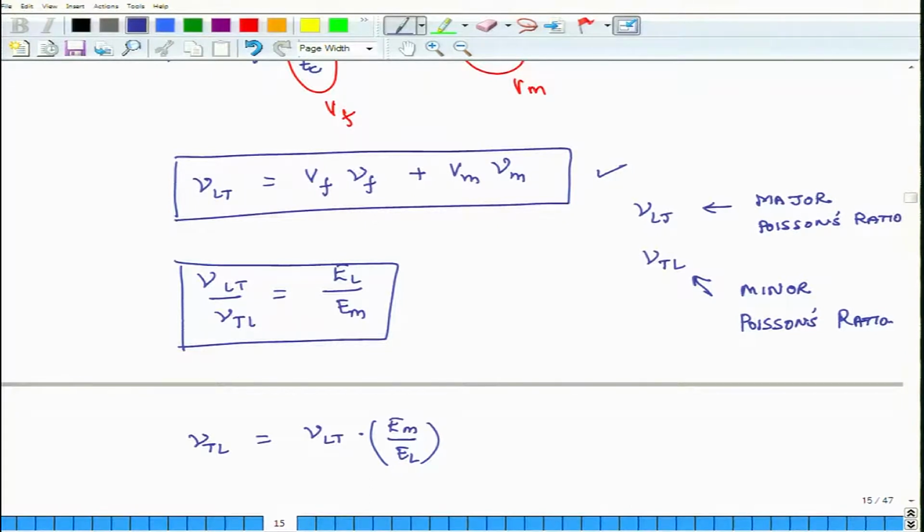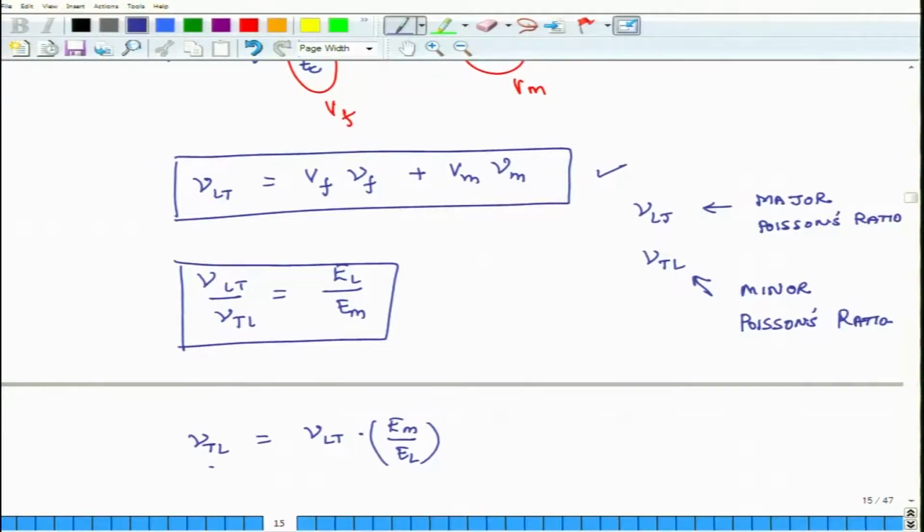Unless you have a very strong and weird case where the matrix is stiffer than fiber, but that is not the case with 99.99% of the composite materials in reality. So, that is why nu T L is known as minor Poisson's ratio, nu L T is known as major Poisson's ratio. So, this concludes our discussion for Poisson's ratio.